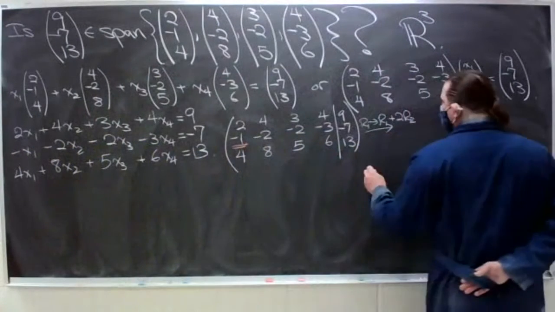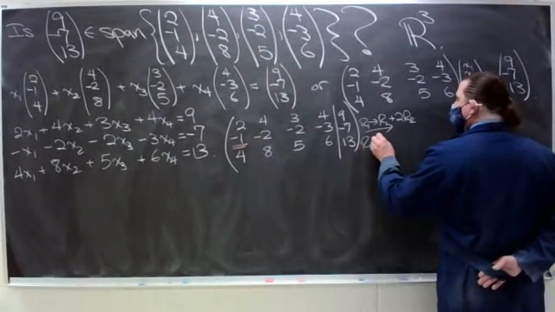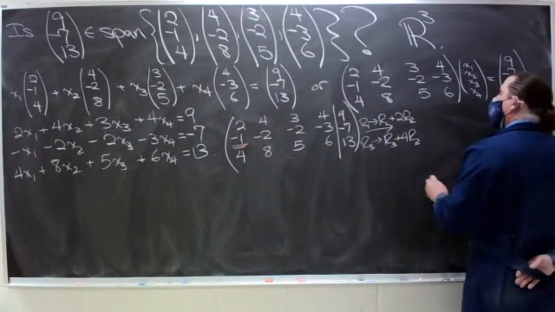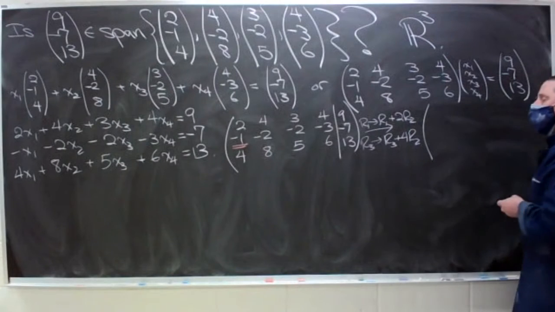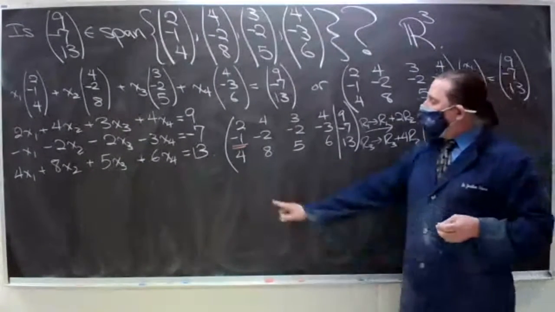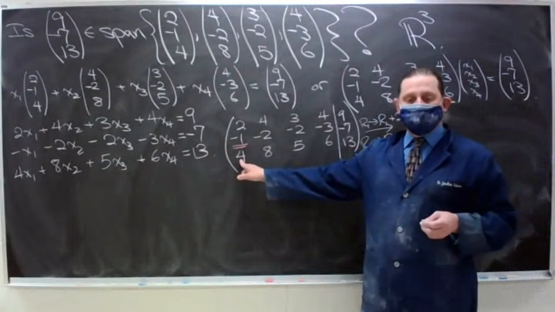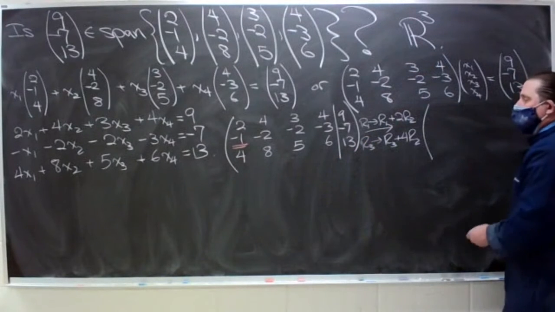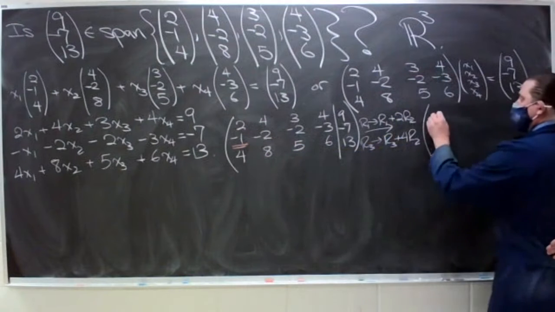Similarly, I can replace row 3 with row 3 plus 4 times row 2. That will cause this number to become 0. So let's see what happens. Row 1 plus 2 row 2.